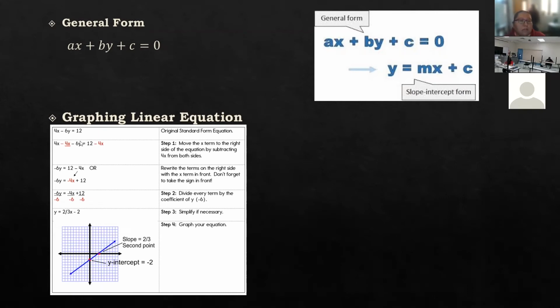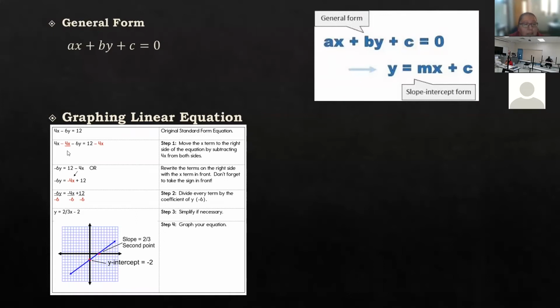For this one, our original form is on top, which is 4x minus 6y is equal to 12. What we're going to do is move our 4x to the right side of the equation, onto the other side of our equal sign, as you can see right here.